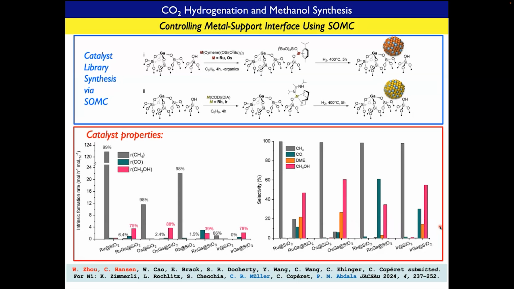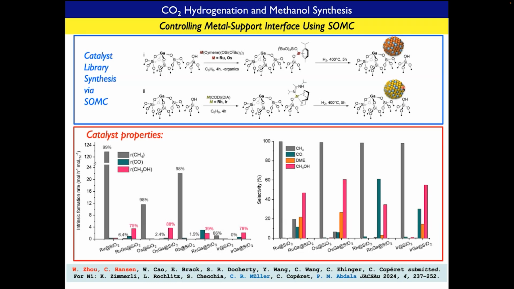Going into much more detail, we could show that in all of these cases, what seems to be very important is to always generate an alloy. This alloy is now stable under reaction conditions. That's why you prevent the methanation reaction, and you always have, under reaction conditions, formation of an interface with gallium oxide, which seems to promote methanol formation. So we believe that these systems are quite interesting in trying to understand what actually promotes methanol formation rates.